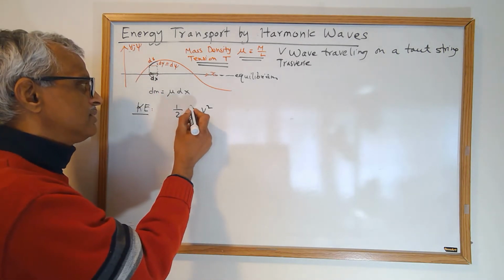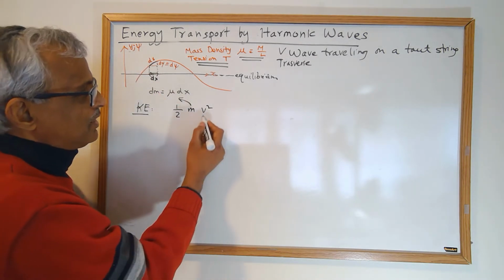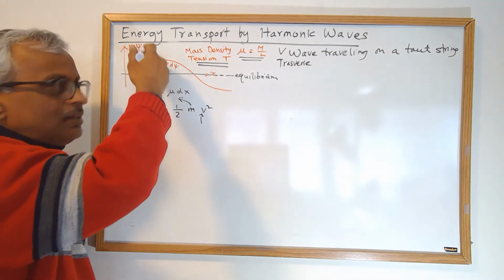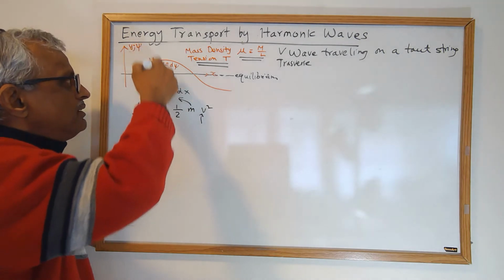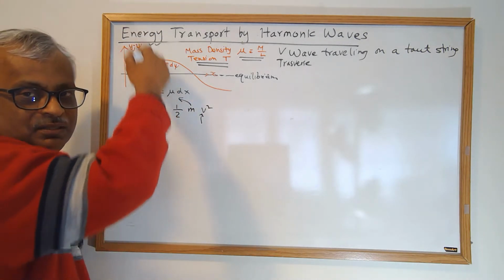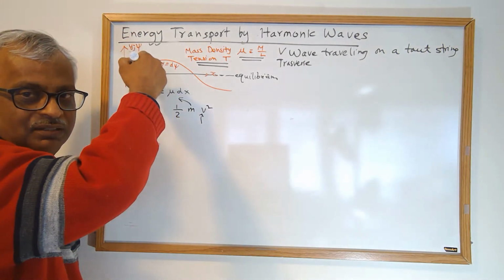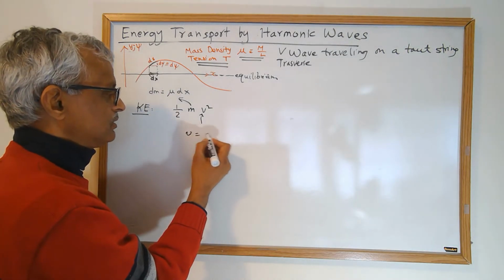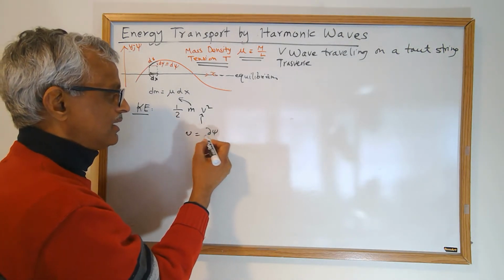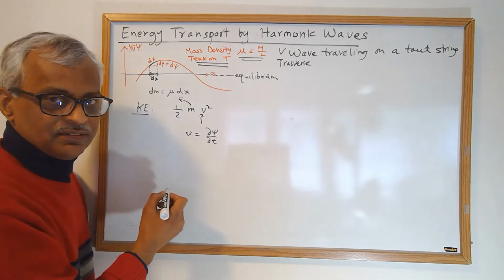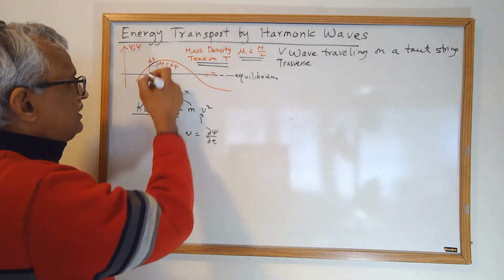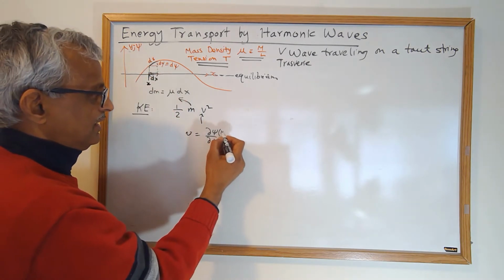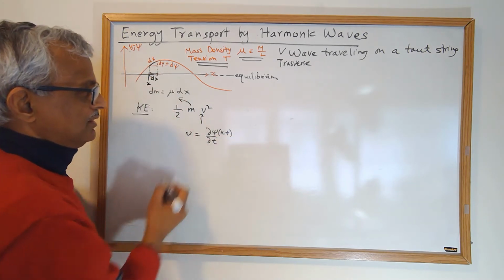But we want to implement it in these variables, right? So mass is this mass. How do I get the v? Well, psi at this point tells me the displacement, right? So v is going to be d psi dt at this point, so this will be at x, t.